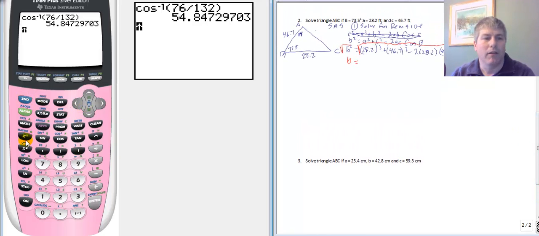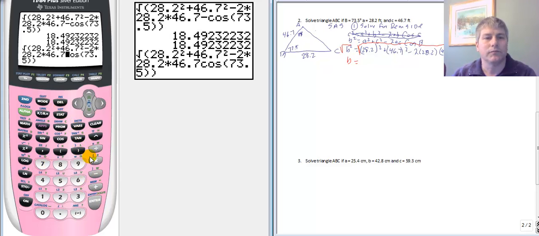I want the square root of the entire quantity of 28.2 squared plus 46.7 squared minus 2 times 28.2 times 46.7.